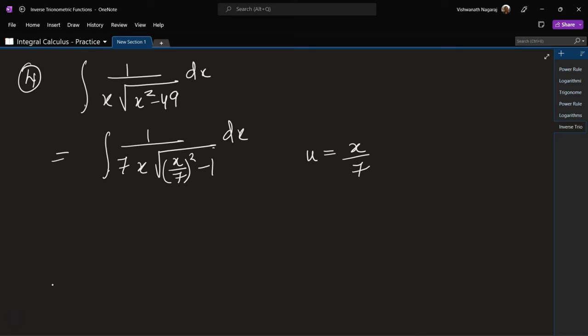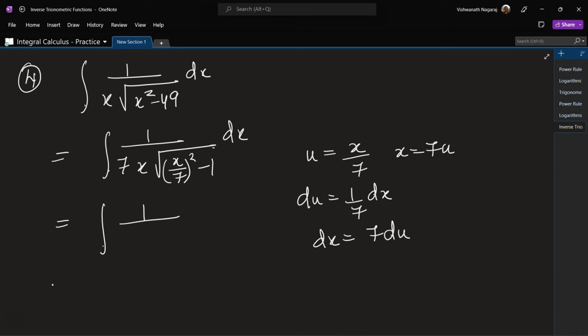u is equal to x by 7, that means x equal to 7u, du is equal to 1 by 7 dx, which means dx is equal to 7 du. Let's do the substitutions. Integral of 1 by, here dx will be replaced with 7 du. 7 we have here, x is 7u square root of u square minus 1.